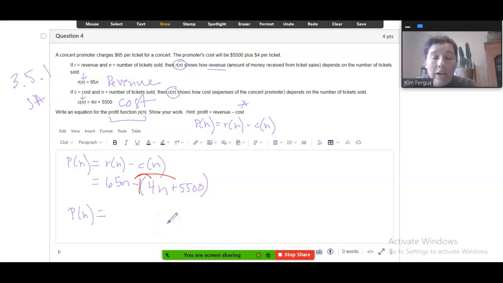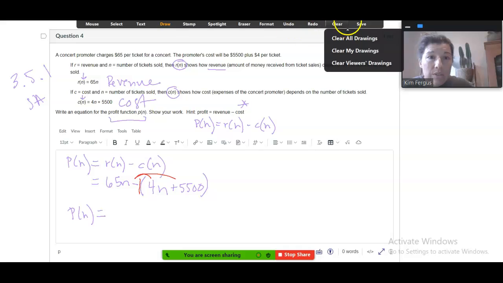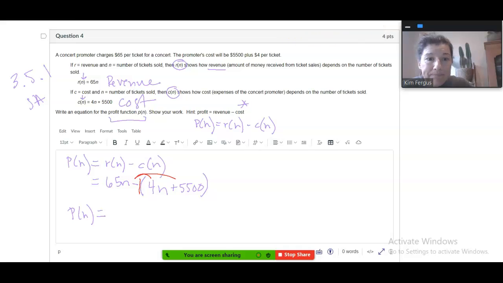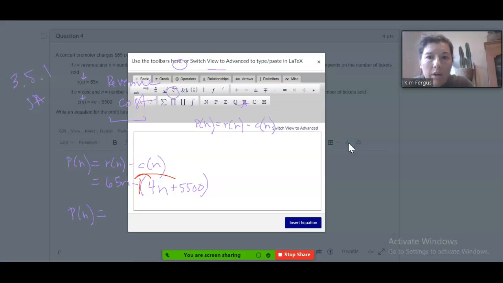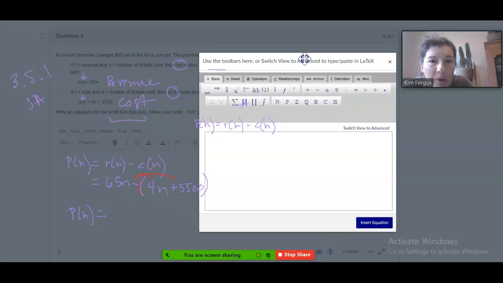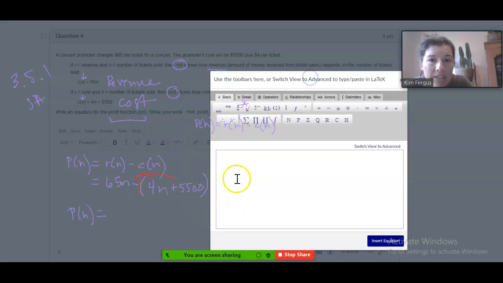Now, you have a couple ways to submit this. You can write it by hand and take a picture and upload it, or if you are wanting to use math language, up here you've got this box. This is called the equation editor. This is where you can type out math functions.